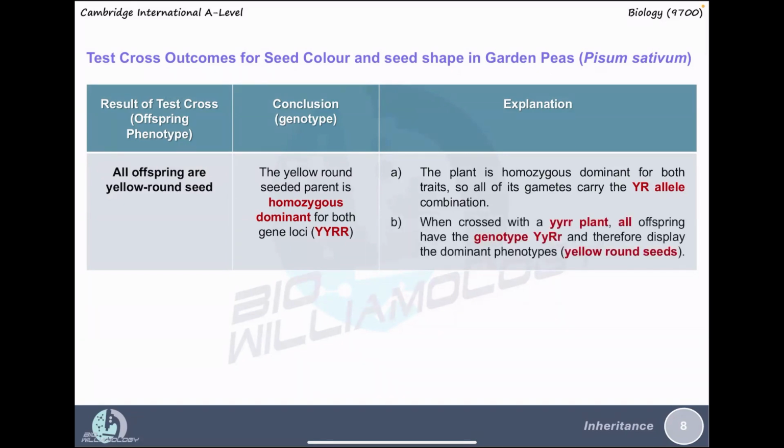So when crossed with a homozygous recessive plant, all offspring have the genotype heterozygous for Y and heterozygous for R. Therefore, the offspring display the dominant phenotype, which is yellow round seed.